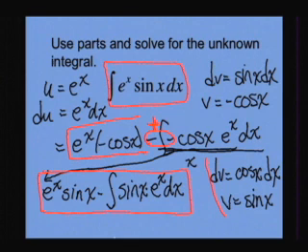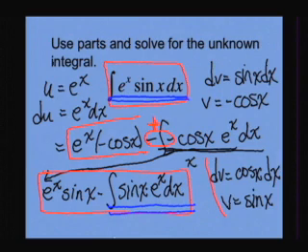But what I want to show you is, of course, that I have the integral of e to the x sine x dx on the left-hand side, but I also have the integral of e to the x sine x dx on the right-hand side.